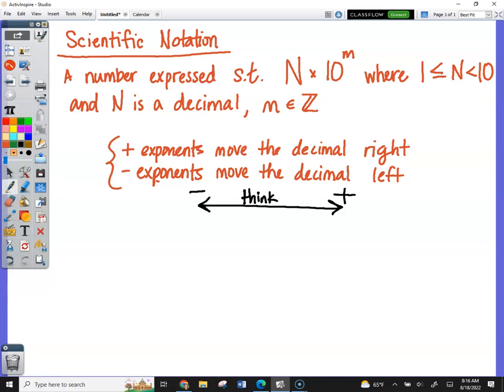And the rest is counting. You're just counting whatever the exponent is, you're counting that many spaces. So I'm going to write 4 practice problems. We'll try them, we'll check them, and then we'll call this little note section done.